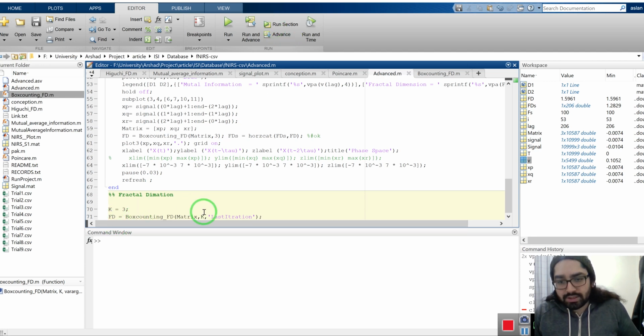As I said, it's a function that I wrote in Matlab, and there's an option here.